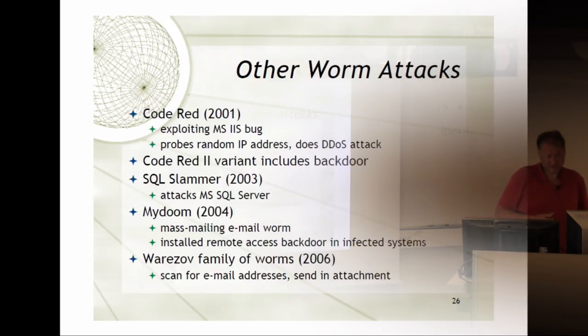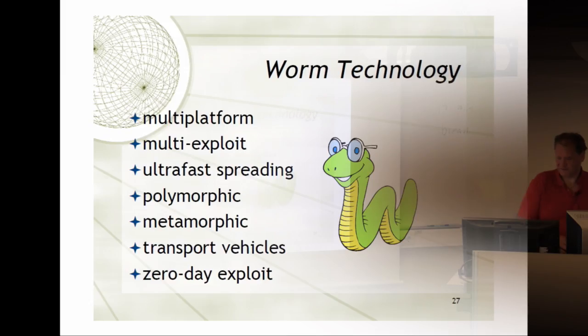So Microsoft has been quite exposed to this, but some have also been against Unix systems. We don't see that many new worms today. There are still new worms coming, but not that many, and not as successful as they were in the early 2000s, when defense lines were much less effective.